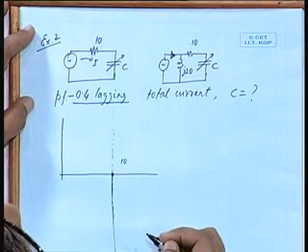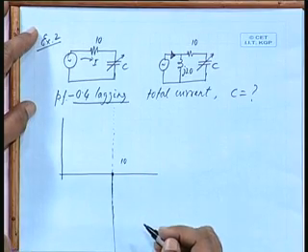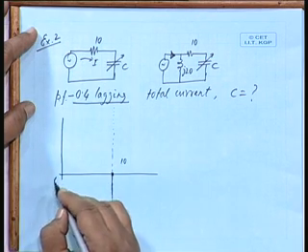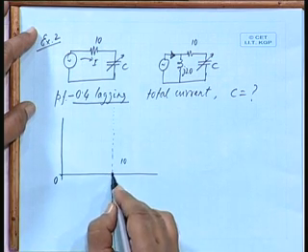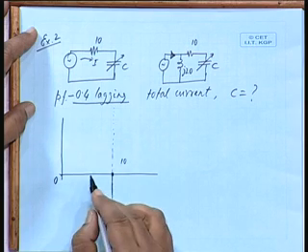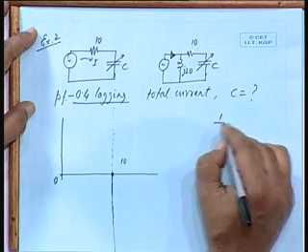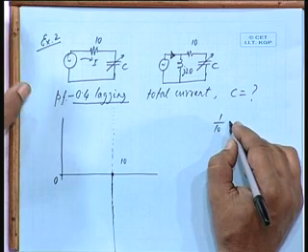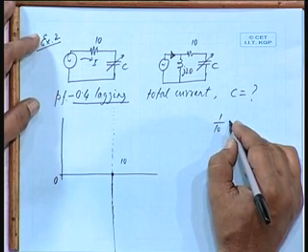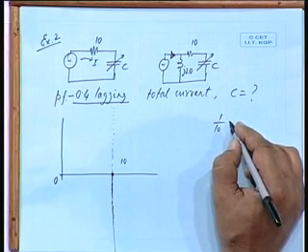So, what will be the locus of the admittance function? It is 0 to 1/10. I can choose any scaling factor, all right. Let us choose a scale factor of 200.